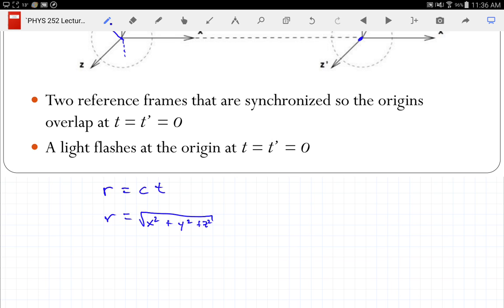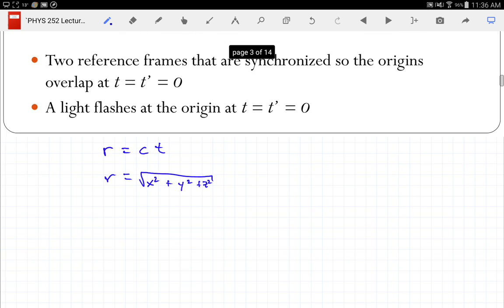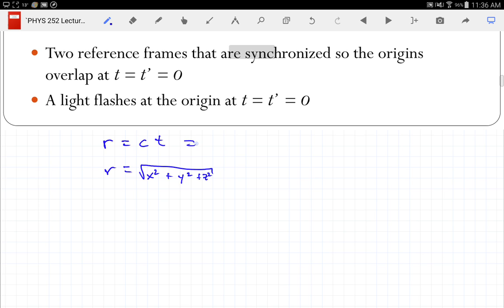Now I have radius on both sides. I'm going to square it, to make my life easier. So r squared is equal to c squared t squared, and r squared is equal to x squared plus y squared plus z squared.